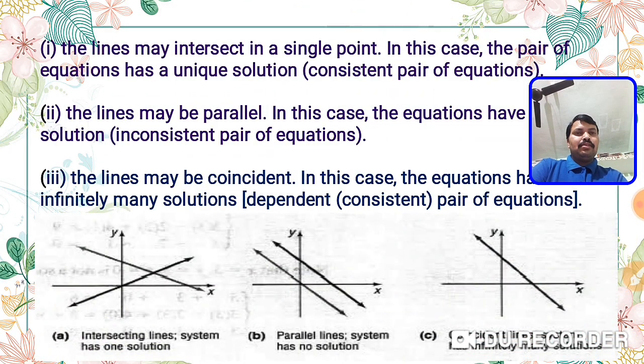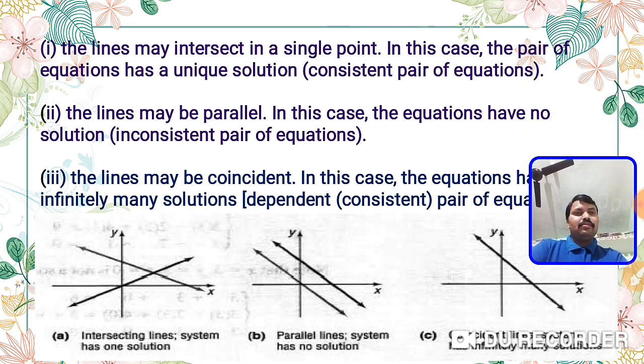So the lines may intersect in a single point. In this case, the pair of equations has a unique solution and the pair is called a consistent pair of equations. Then the second one is the lines may be parallel.